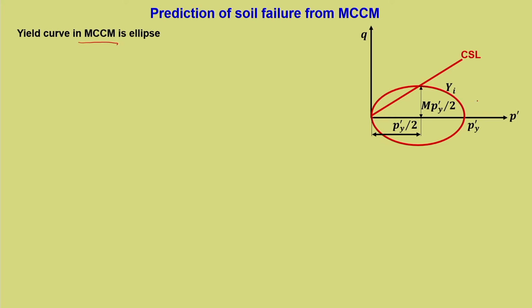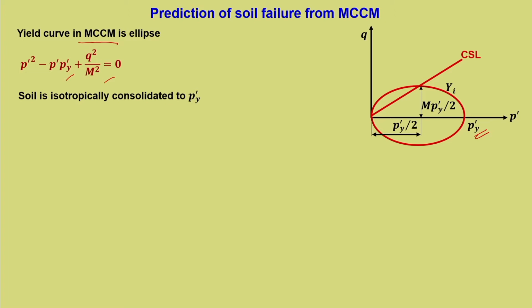We have the q-p' axis, the first yield curve is marked, the yield stress marked as p'y, the point where the critical state meets this yield curve is marked as M, p'y by 2, and we know that this is p'y by 2. The equation is given as p'^2 minus p'y p' plus q^2 by M^2 equal to 0.